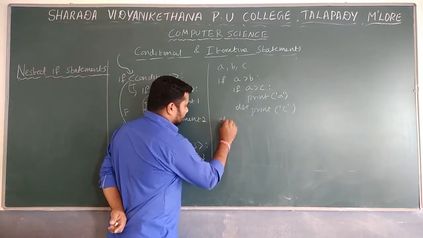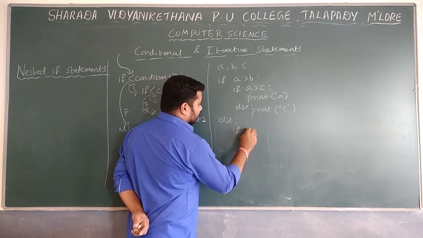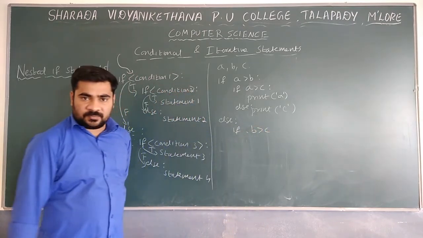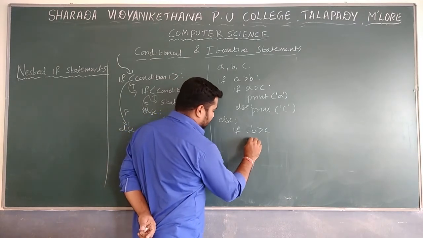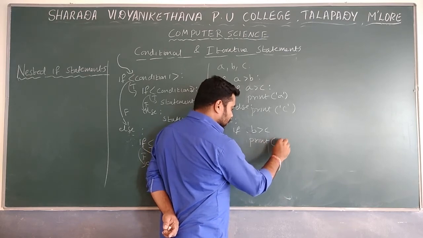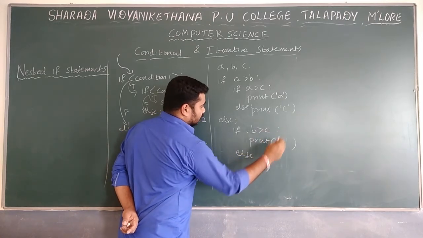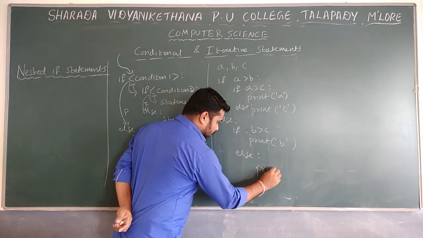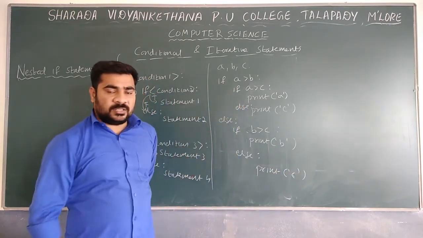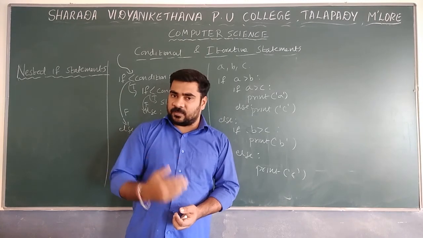Then else, once again I check if B is greater than C. Whenever B is greater than C, I can print B, else I can print C. Here I am not printing the value, I am just printing the variable name, to check whether A, B or C is greater.